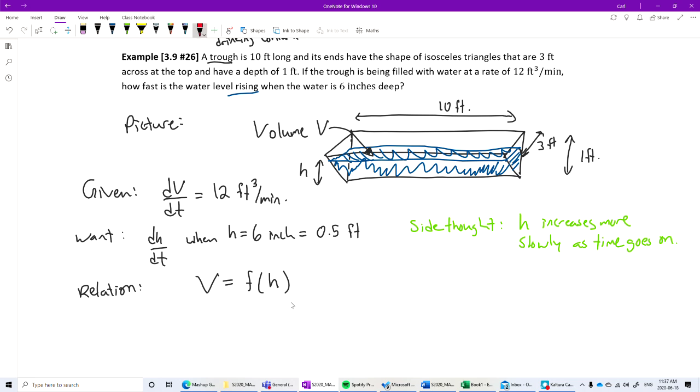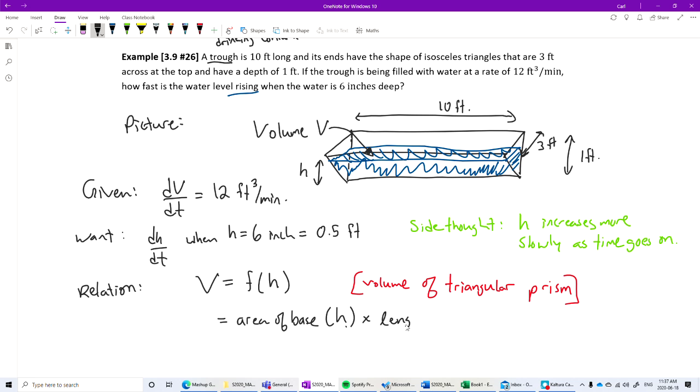So it's the volume of a triangular prism. It's going to be the area at the base, which is a function of h, times the length in this case. So for a prism, it's the area of the face on the side times the length. That'll be the volume.